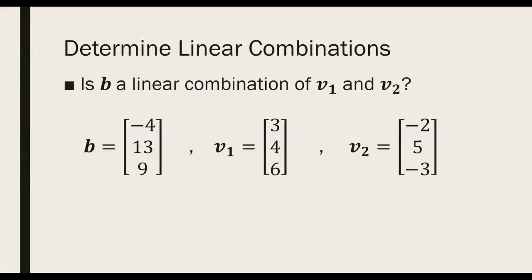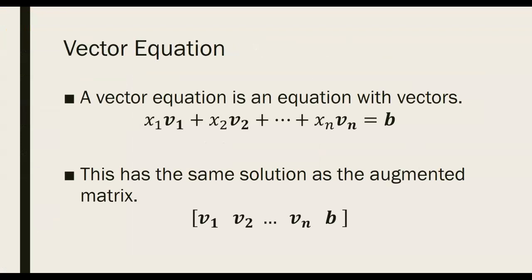That type of equation is called a vector equation, okay? So a vector equation is simply an equation with vectors. And we're always going to write linear vector equations here.